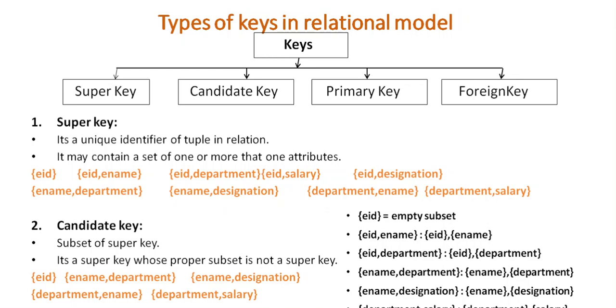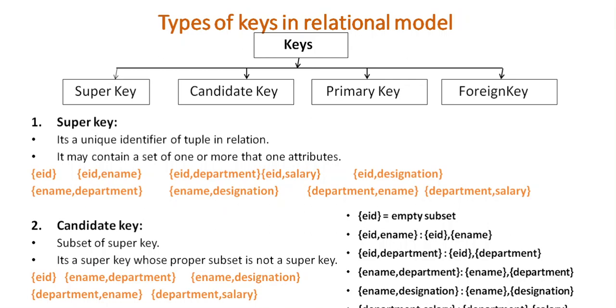This is how we select candidate keys from the super keys. In our entire table we have 9 super keys, but out of those 9 super keys we have only 5 candidate keys. It means these 5 combinations can be used as a unique identifier in a table.